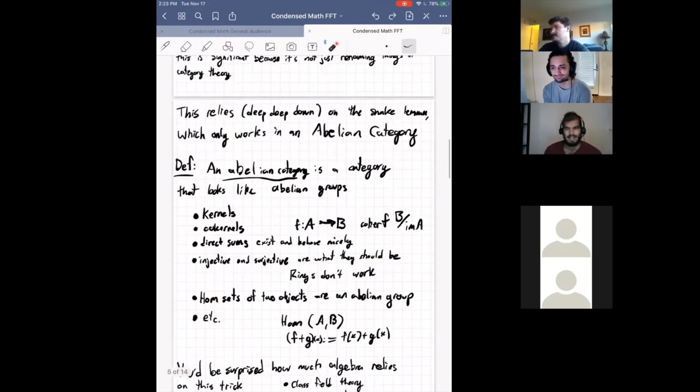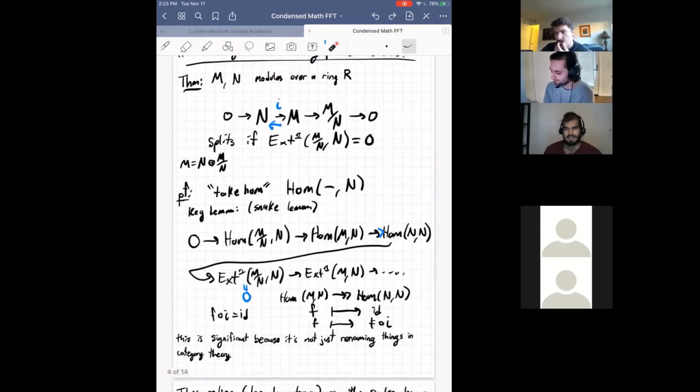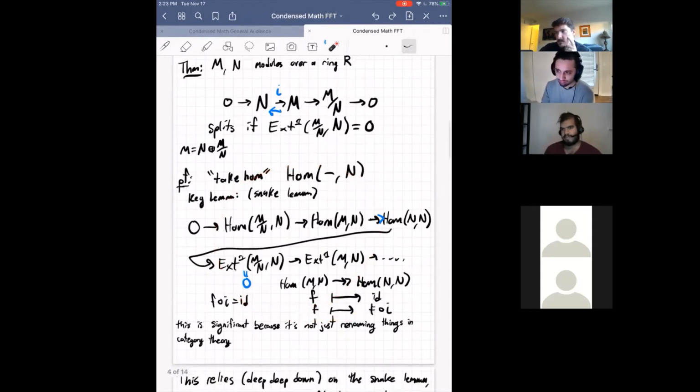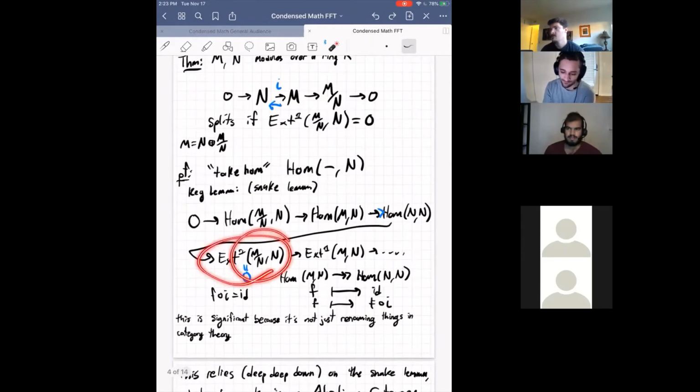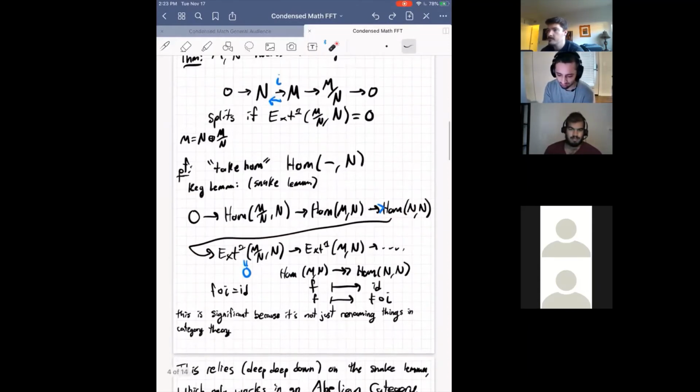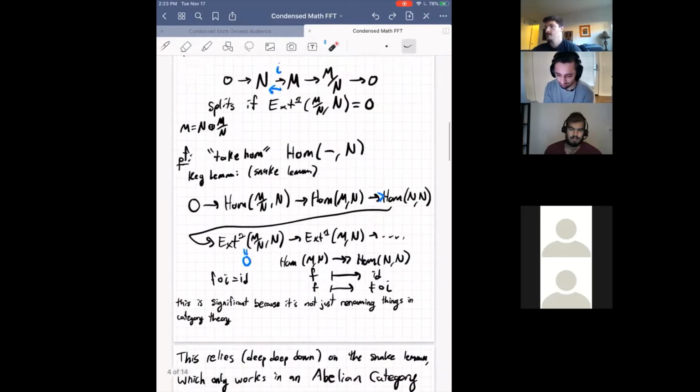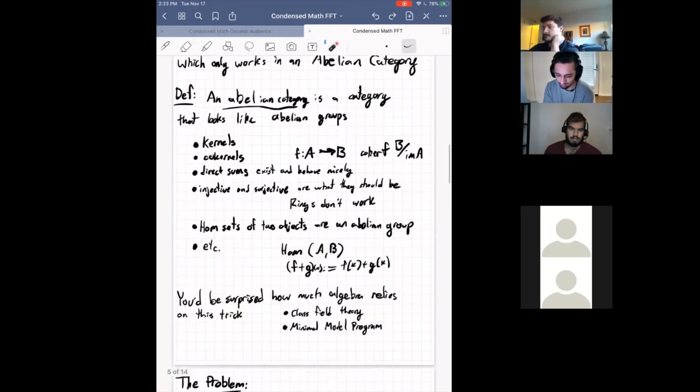If I didn't have this x being 0, the proof totally doesn't work. And even if I could write down what this group was, but it wasn't 0, the proof still doesn't work, because a priori I don't know what exactly this map looks like. It's somehow like 5 levels deep in the formalism.